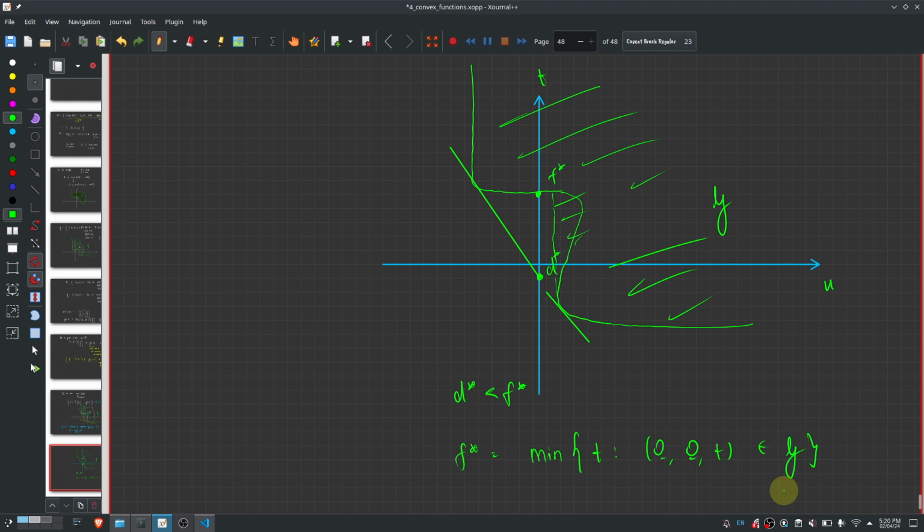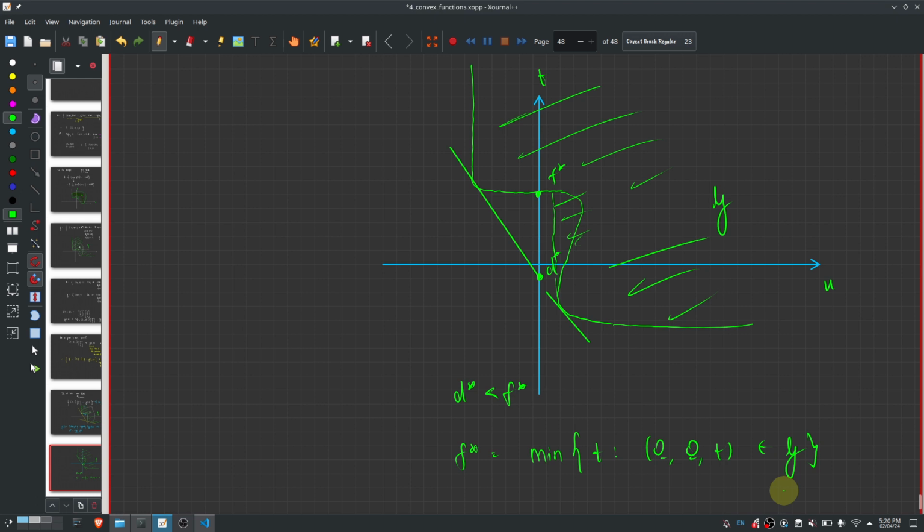What about the dual optimization problem? For each lambda, lambda comma nu, that corresponds to one supporting hyperplane. And the intersection of this hyperplane with the T axis gives you, at least in 2 dimensions, the value of G of lambda.